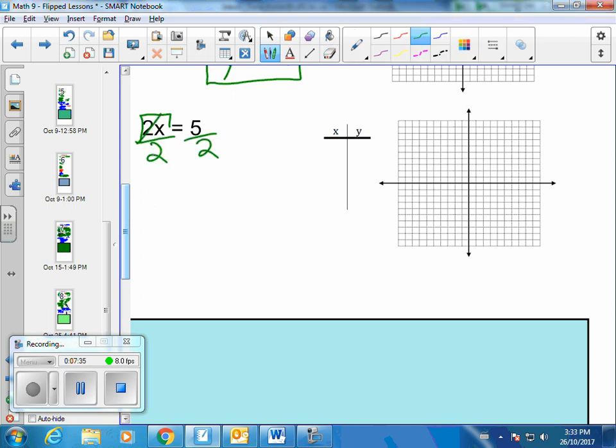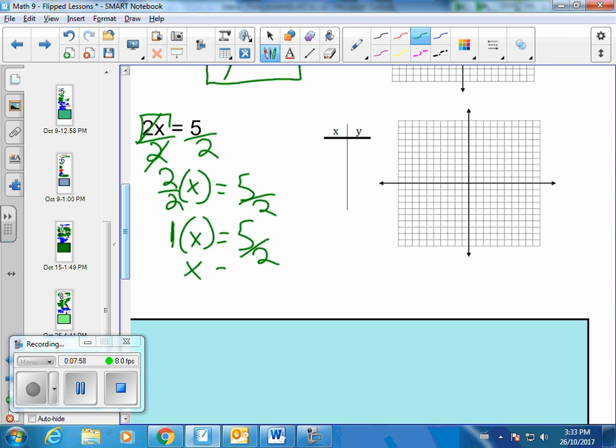What happens here, my 2's cancel, or they don't really cancel. What actually happens is I have 2 divided by 2 times x equals 5 over 2. Well, 2 divided by 2 is the same as 1, and 1 times x is the same as x, so x equals 5 over 2.